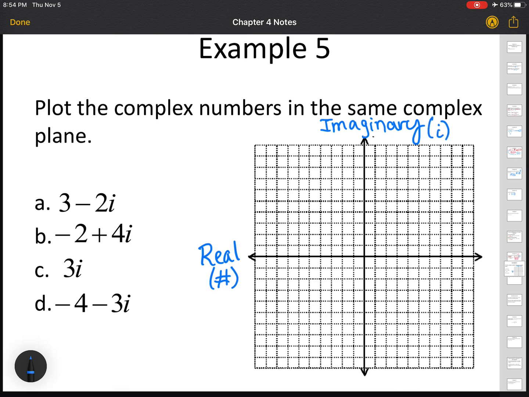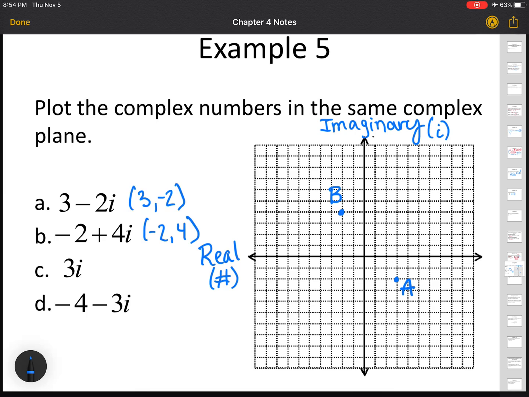So if I'm going to graph 3 minus 2i, I'm going to go 3 on the real axis and down 2 on the imaginary, and that is A. It's kind of like thinking 3, negative 2 on our normal plane. If I want to graph B, that's negative 2 on the real axis and up 4, and that's B. Or if you want to think about it as negative 2, 4.